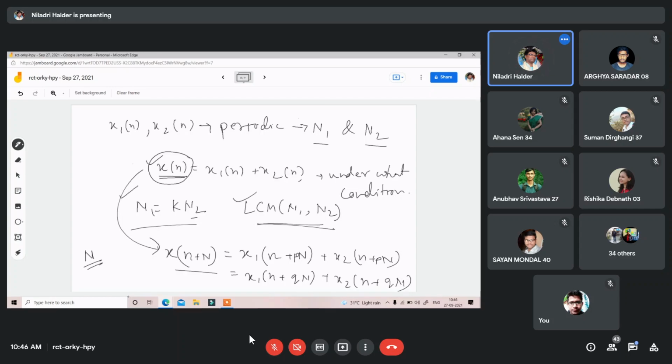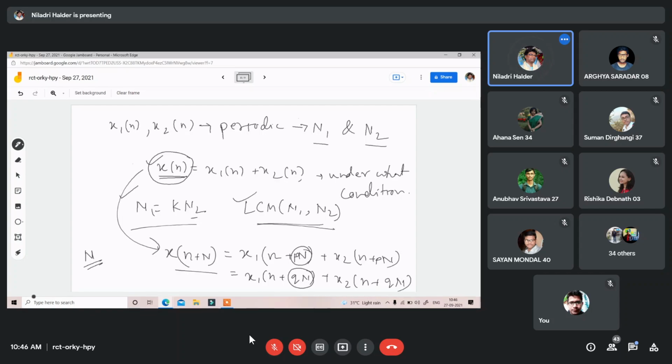Now, the matter is that if pN and qN are equal, what I have told you, if pN and qN are equal, then simply if you replace pN by qN, no change will happen.